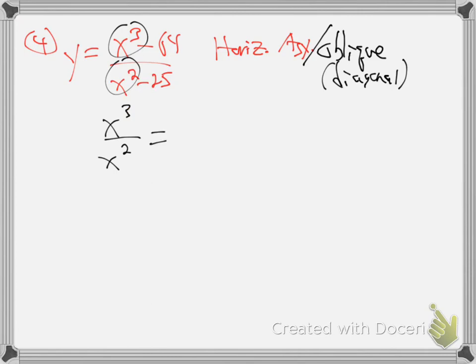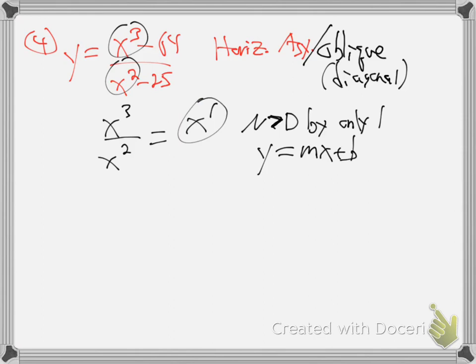That reduces to just x to the first power. Remember the rule: when the numerator power is greater than the denominator by only 1, you get y equals mx plus b, first power, which means it's going to be diagonal, oblique, goes by either name. So the asymptote's going to be diagonal.